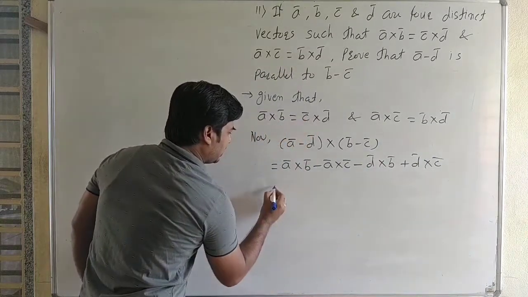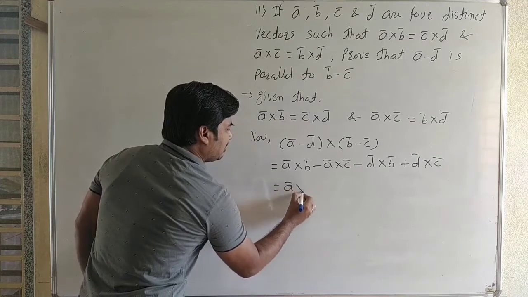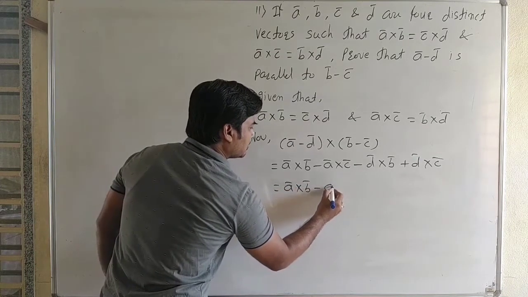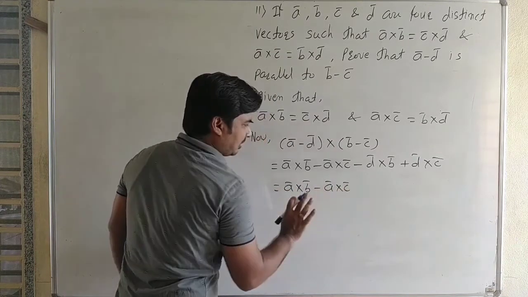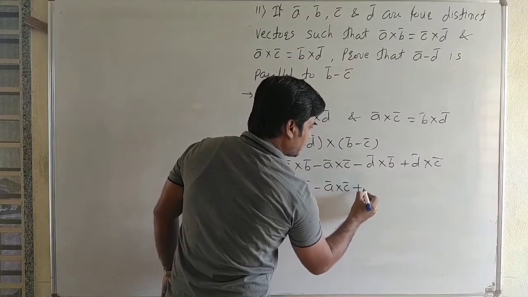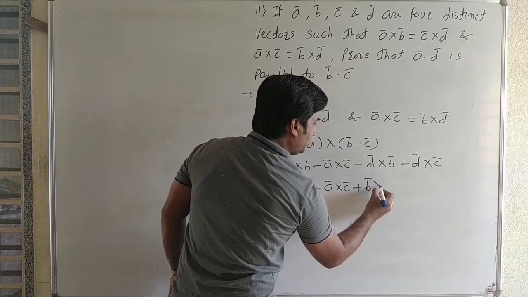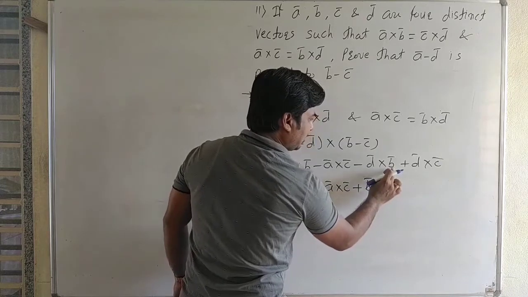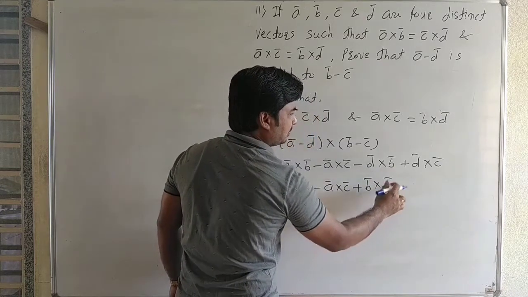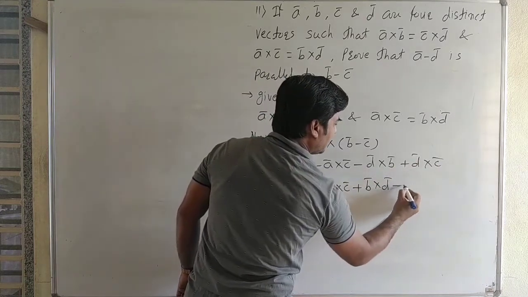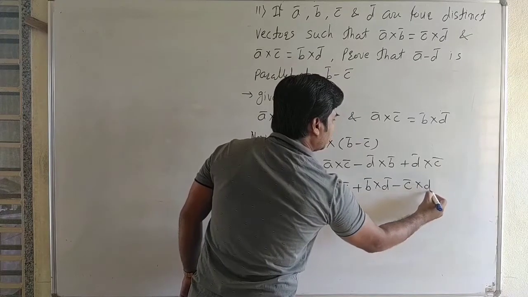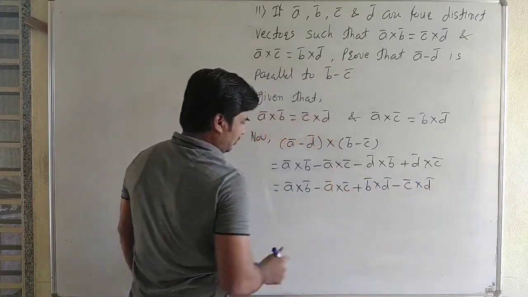The first two terms stay as they are: a bar cross b bar minus a bar cross c bar. Now d bar cross b bar we can write as minus b bar cross d bar, and d bar cross c bar we can write as minus c bar cross d bar. It is a minus and it is plus.